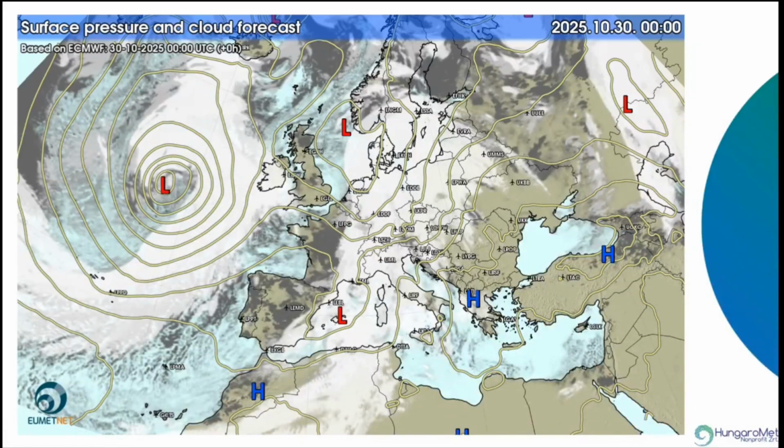Another quick exercise, if you'd like to, you can try to put in sort of the frontal systems or the fronts, if you'd like to give it a go. This is an analysis for midnight yesterday, so 0 UTC today.